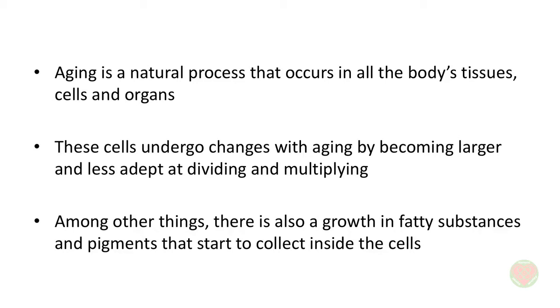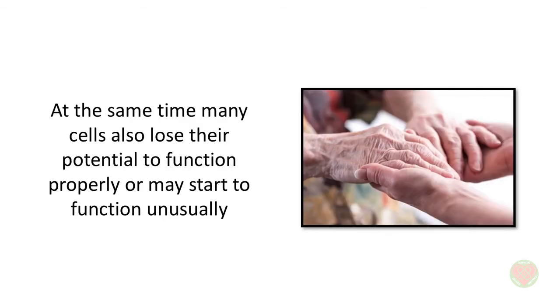These cells undergo changes with aging by becoming larger and less adept at dividing and multiplying. Among other things, there is also a growth in fatty substances and pigments that start to collect inside the cells. At the same time, many cells also lose their potential to function properly or may start to function unusually. A pretty dismal picture so far, most would think.